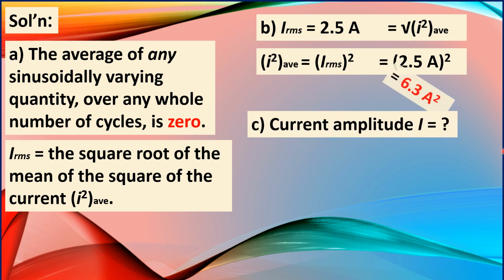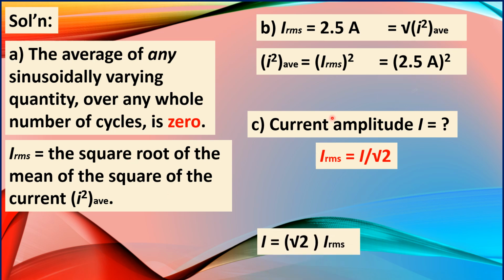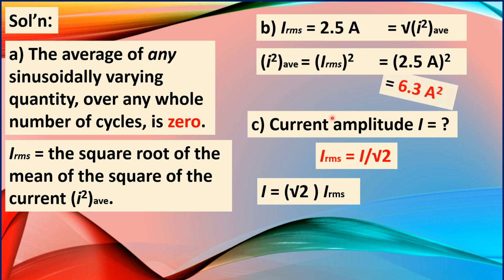And for question letter C, we're looking for the current amplitude, capital I. Based on the definition of the root mean square current, which is equal to the current amplitude, capital I, divided by square root of 2, we again isolate capital I, which is the current amplitude.